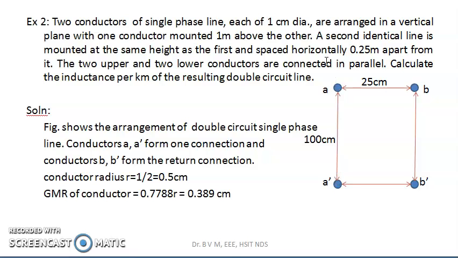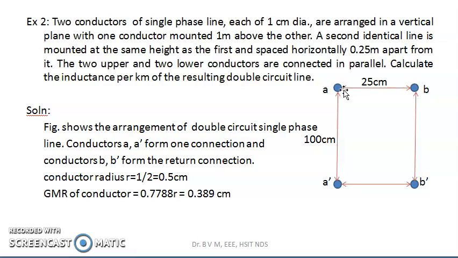The second identical line, B dash, is mounted at the same height, but they are horizontally spaced 0.25 meter apart. 0.25 meter is nothing but 25 centimeter.